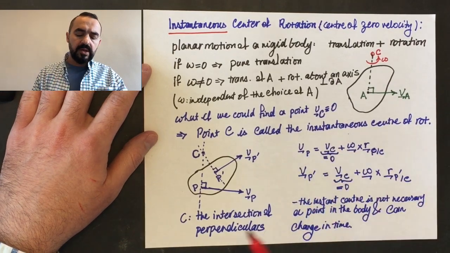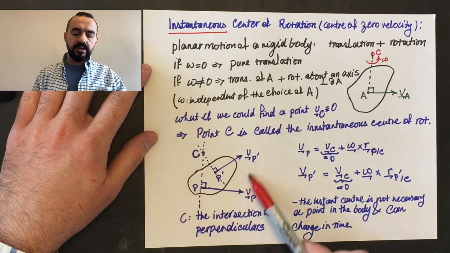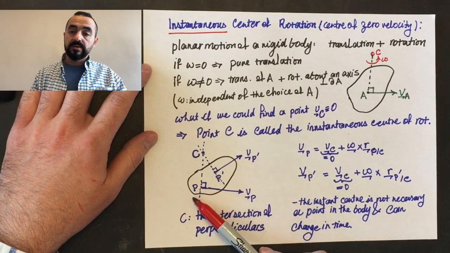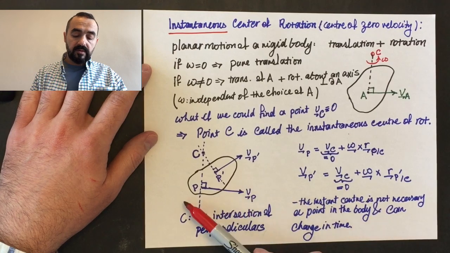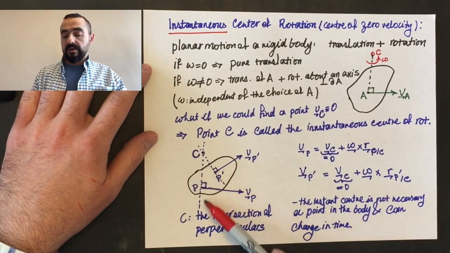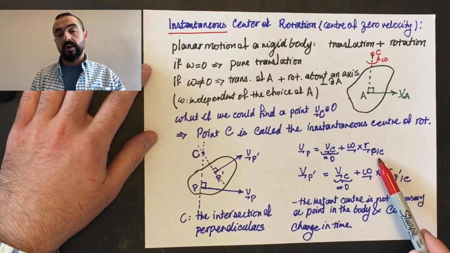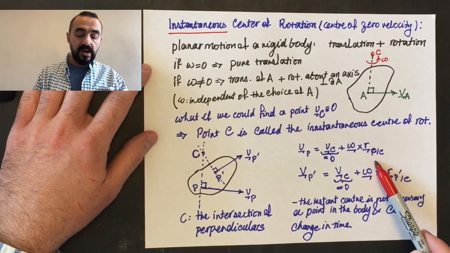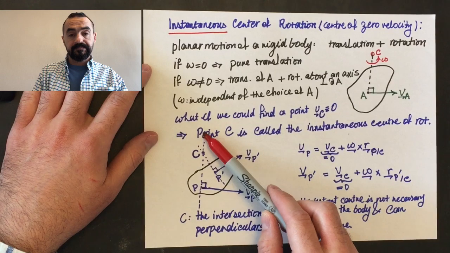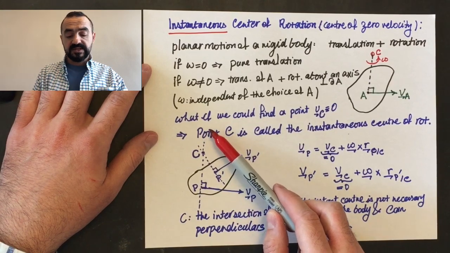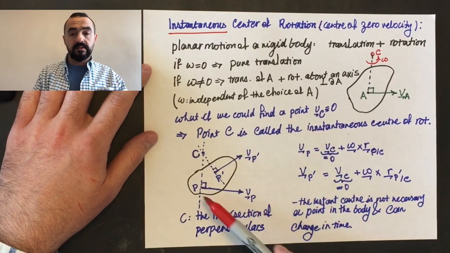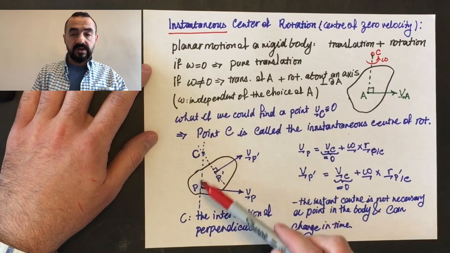So you have P, and we have this body in planar motion. Vp is perpendicular to Rp with respect to C. So wherever this C is, this Vp has to be perpendicular to this position vector.